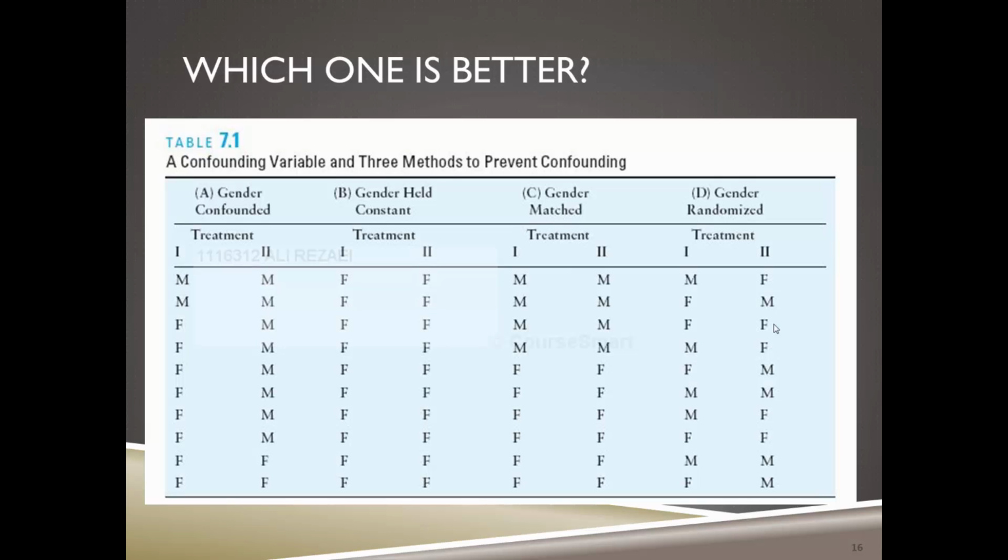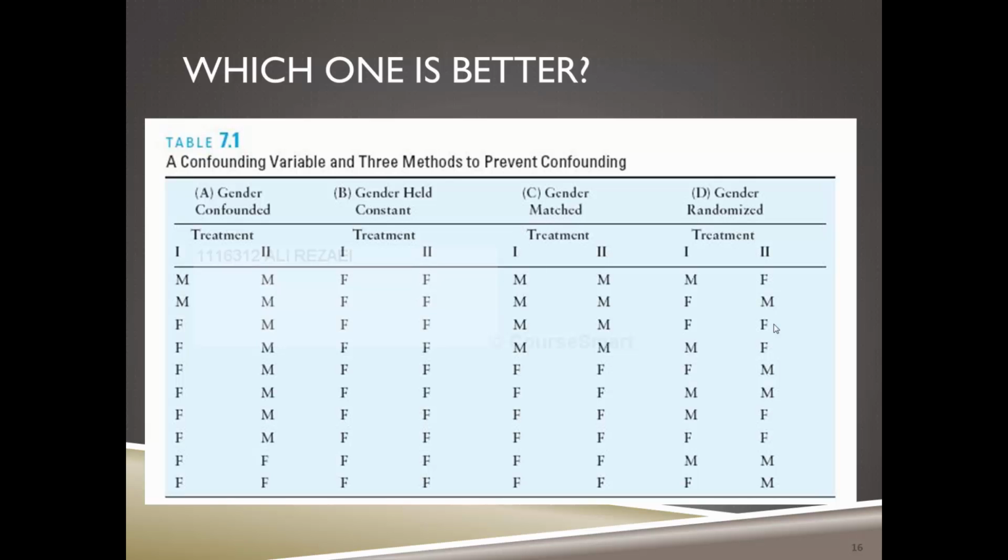It's randomly distributed. But if gender is your only concern, or if you want to make sure 100% gender is not an issue, then holding a variable constant is a better method, because even if you do randomization, you may not be able to say 100% gender is not an issue.